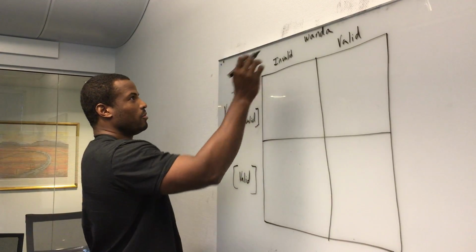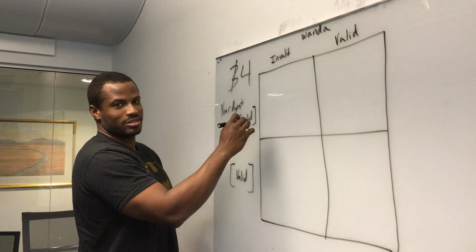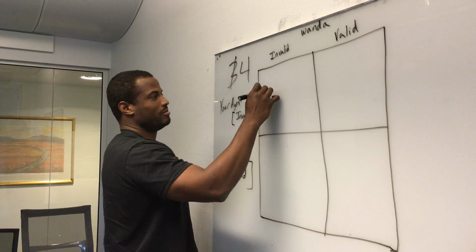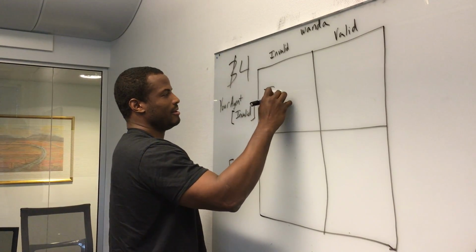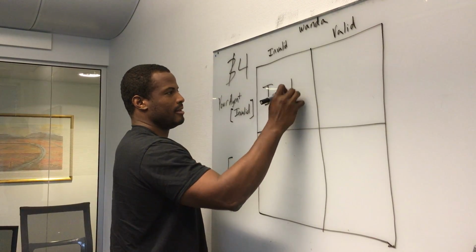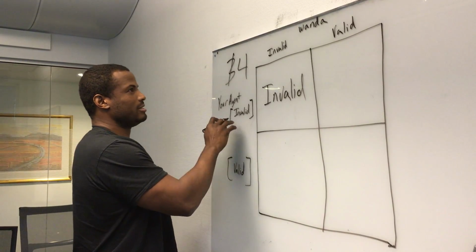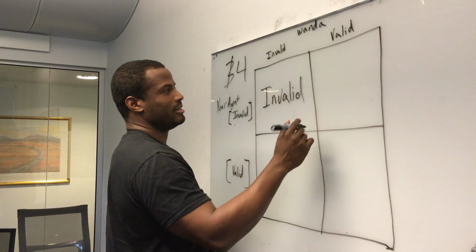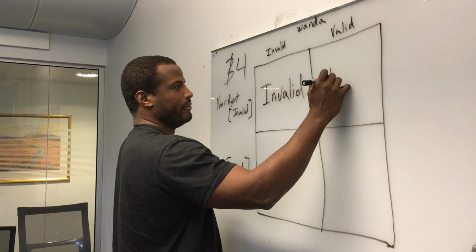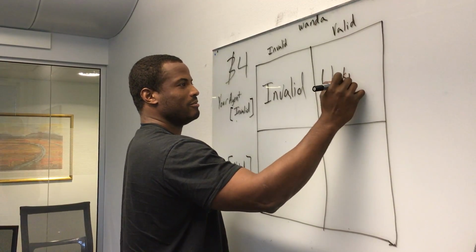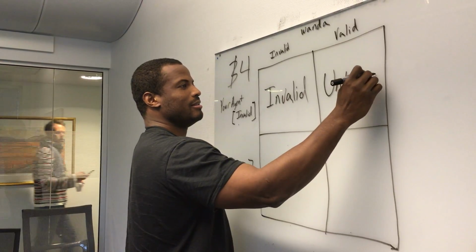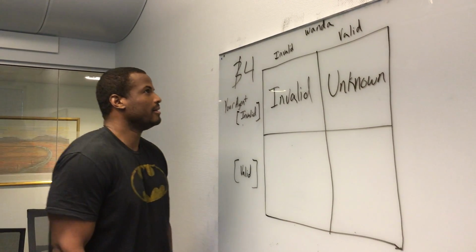So if both Wanda and your agent don't understand in the 3-state problem, this would be called invalid. Pretty straightforward. Now, if your agent doesn't understand, but Wanda understands, we call this one unknown. And this may have been a little bit confusing, but this will be less confusing soon.